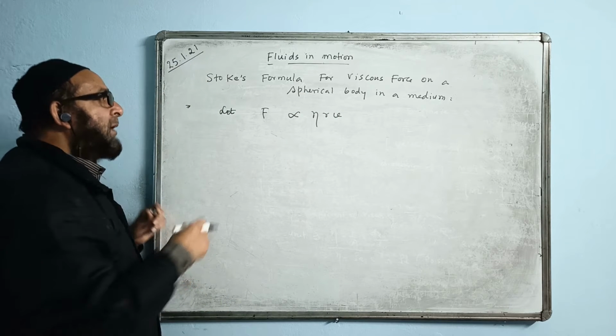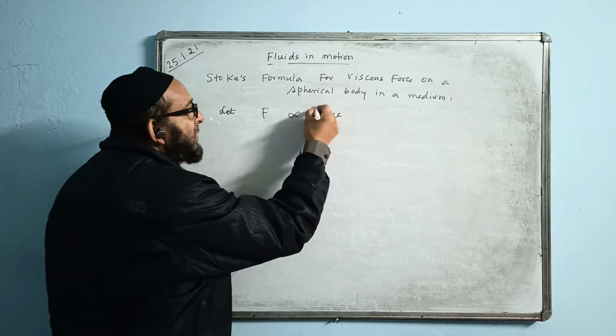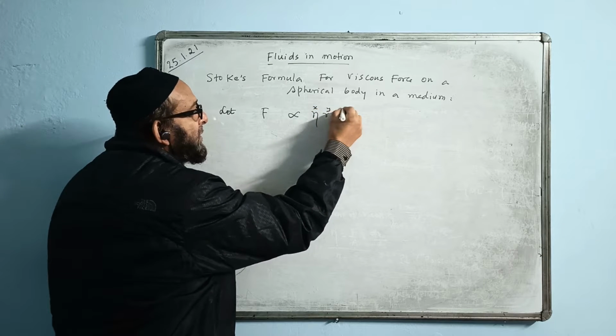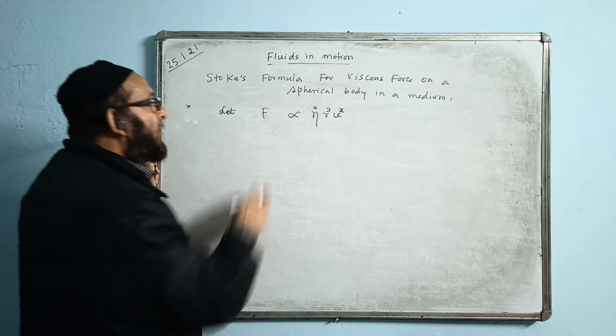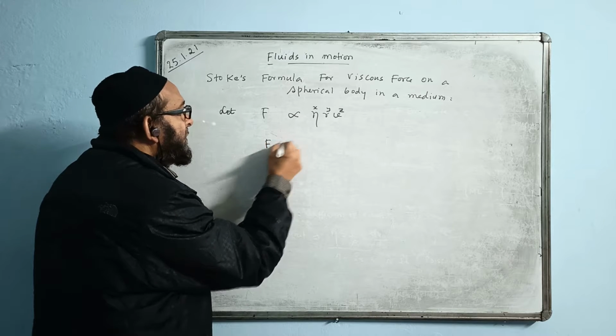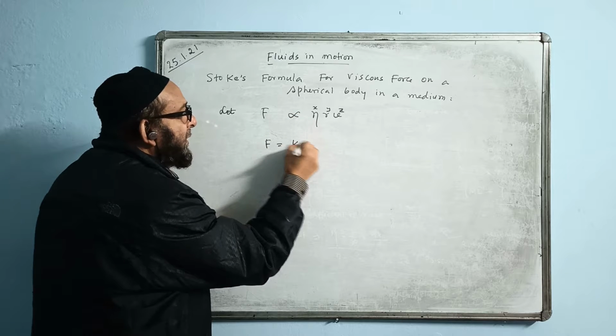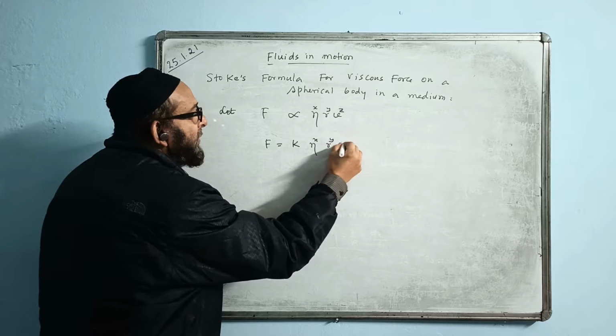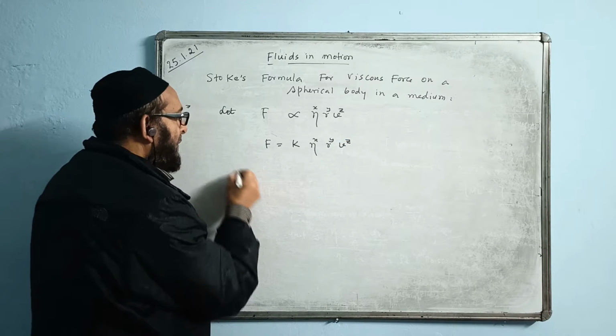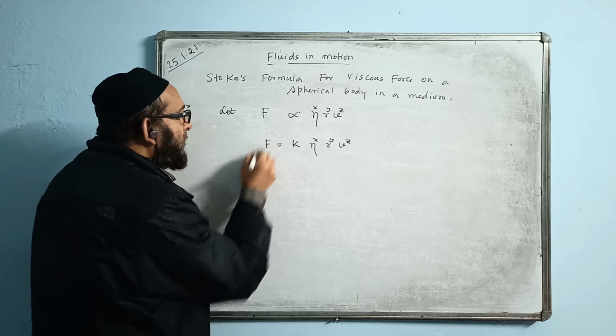Three factors we assume, and we will be raising the power ourselves, anything like x, y, z. The method of dimensions I am using to find the formula. So F will be replaced by a constant k, eta to the power x, r to the power y, v to the power z. We will make the dimensions of both the sides equal.